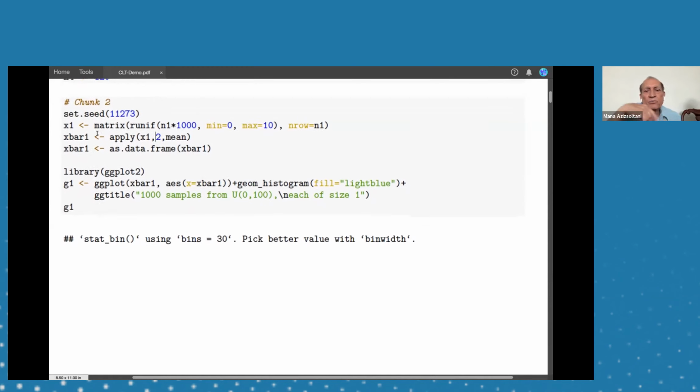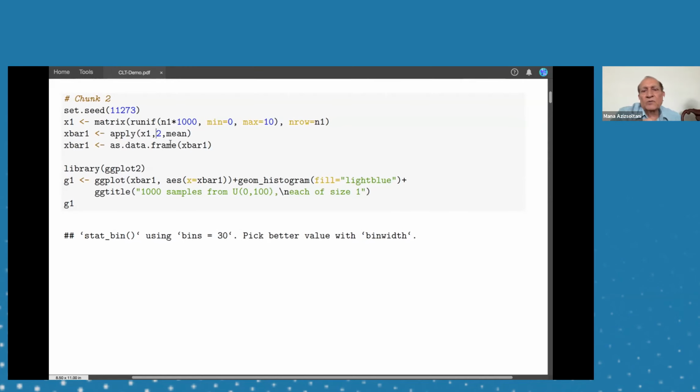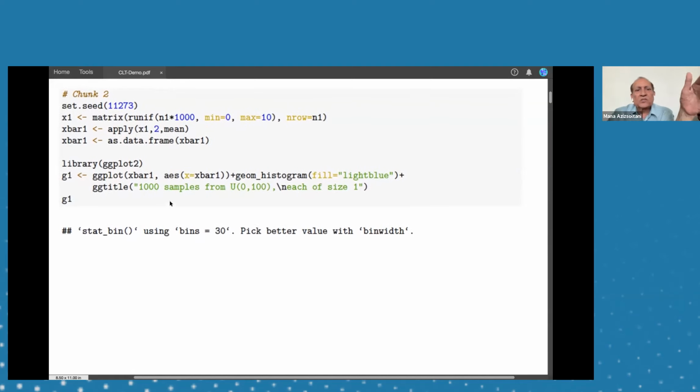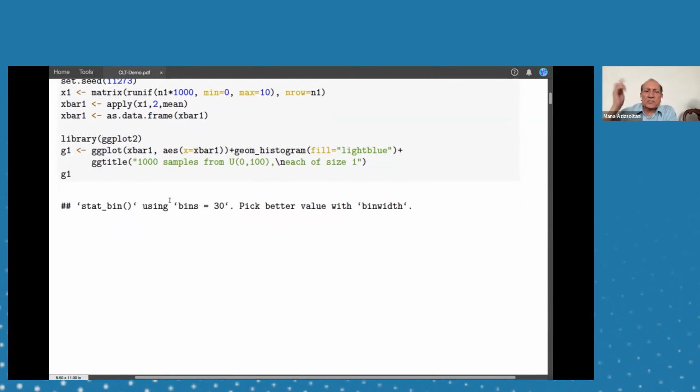And then I set nrow to n1. So let's say the sample size was 120. It takes the entire length of 120,000 observations and makes that into a matrix. So the number of rows is the sample size. You have 120 rows here and 1,000 columns. The columns are the iterations in the simulation and rows are your samples.